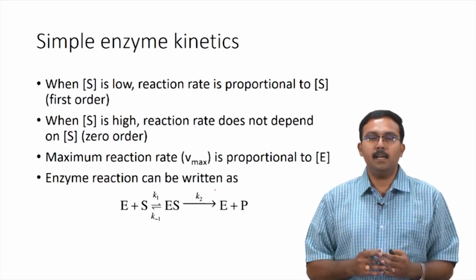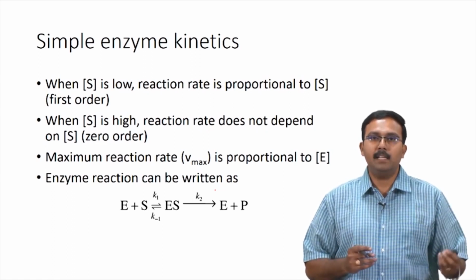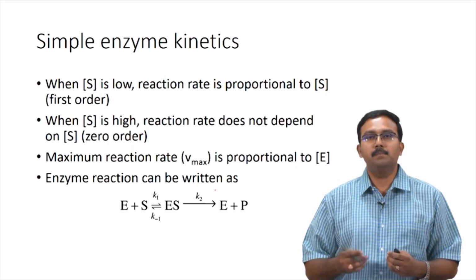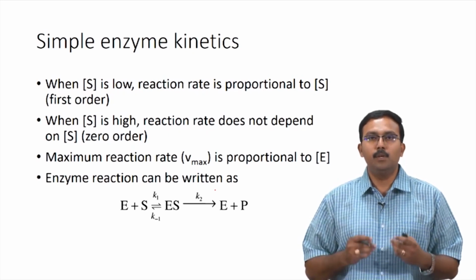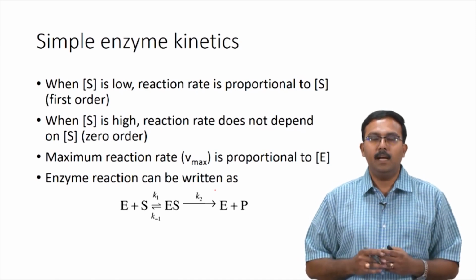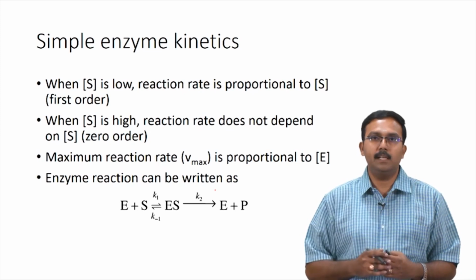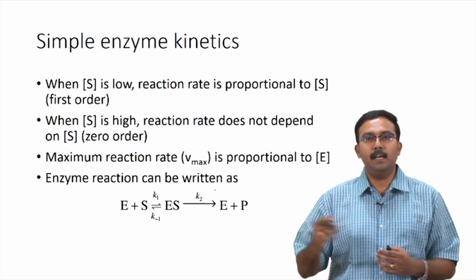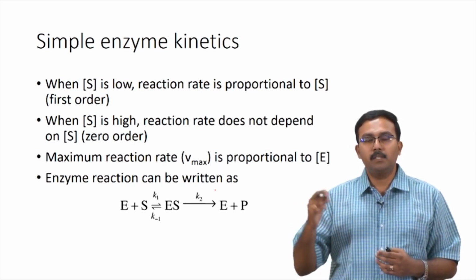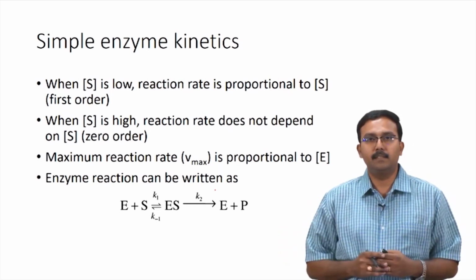So, when the substrate is present at low concentrations, the number of active sites present in the enzyme becomes the limiting factor. So, you have all the substrates attached to an active site, and as you increase the substrate concentration, more substrates attach to the active site, thereby increasing the rate of the reaction proportionally to the substrate concentration, giving you a first order reaction.